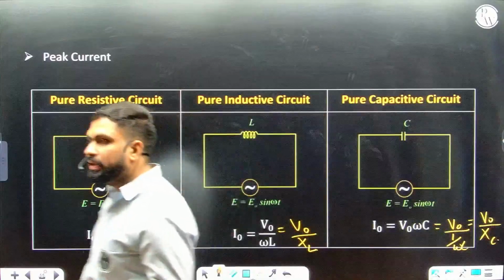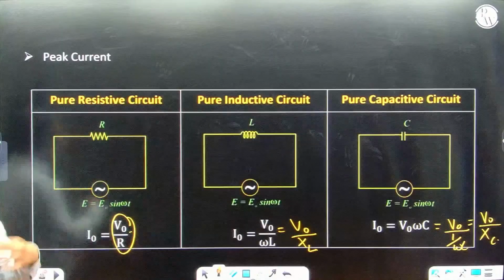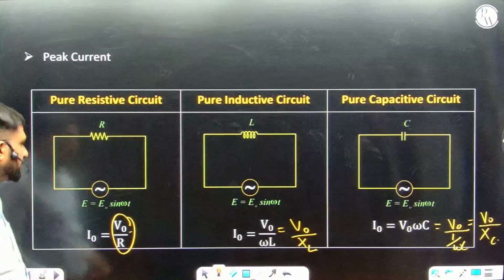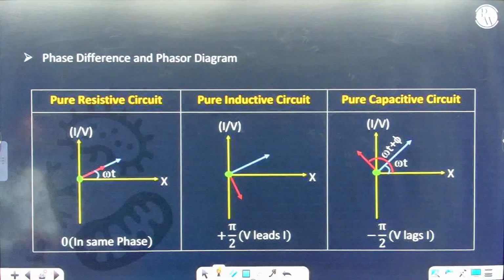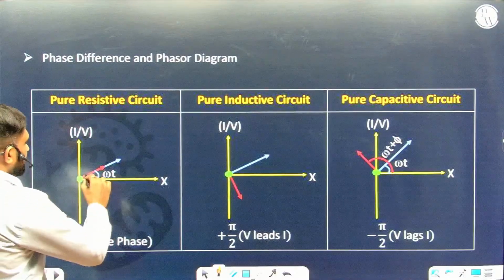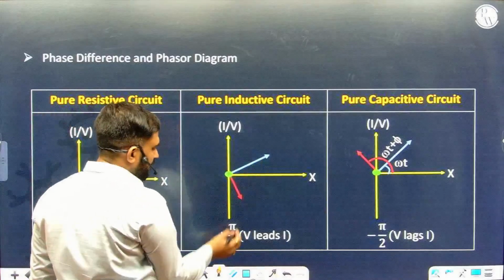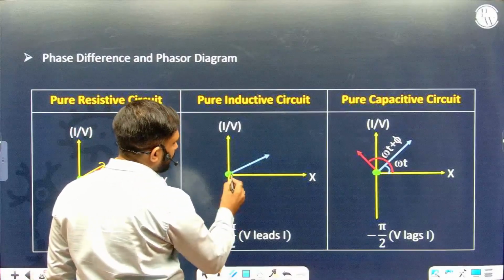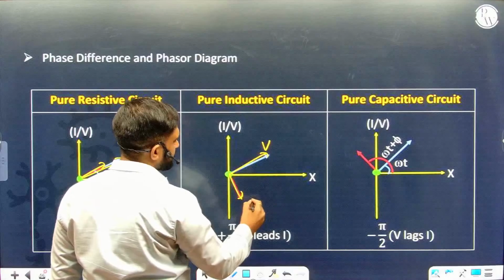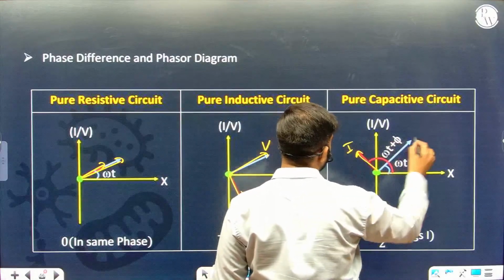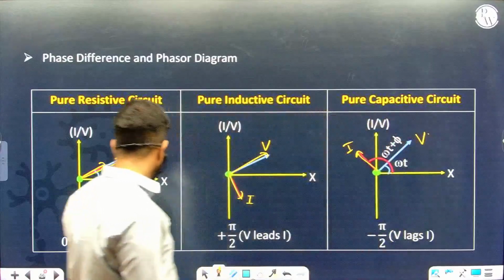They kind of behave like what the resistance does, not exactly the same, but kind of that thing. Okay, so here they are saying the same thing. The voltage and the current are in the same phase. Here the current lags, the voltage leads, and here the current leads, the voltage lags.